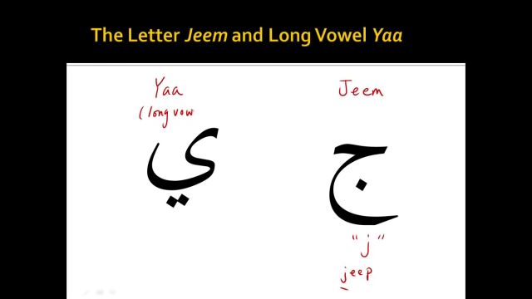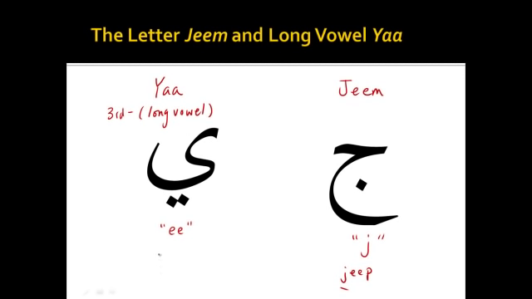Just like we had the long vowel Alif and the long vowel Wow, we have the long vowel Ya. And this is the third of 3 long vowels in Arabic. So after this lesson, you will have had all 3 of the long vowels in Arabic. The Ya is similar to the double E in English.